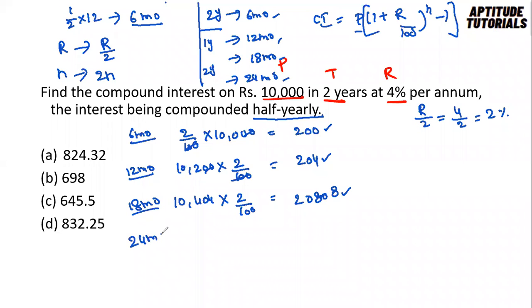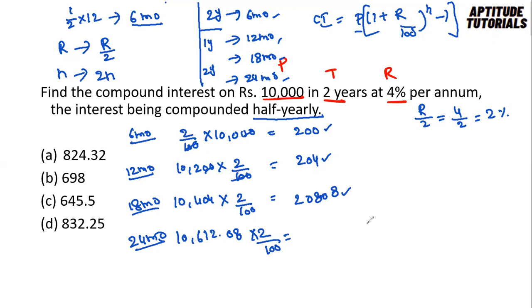For the last 6 months, 10,404 plus 208.08. What is the total value? That is 10,612.08. Upon that value, you have to calculate 2%.